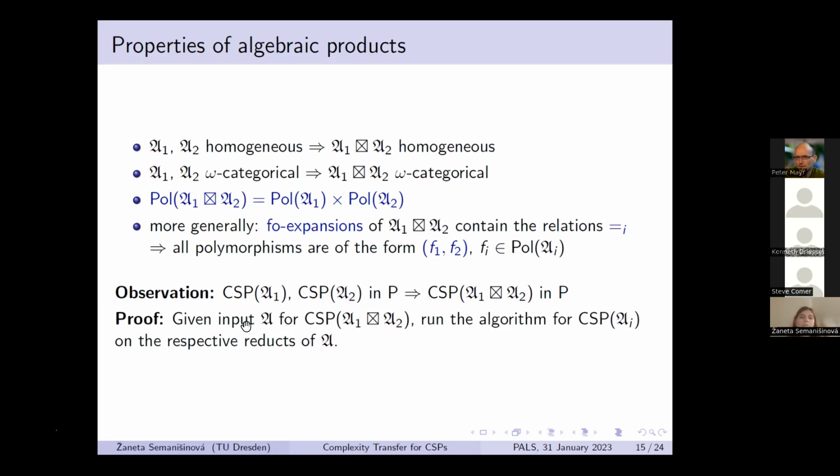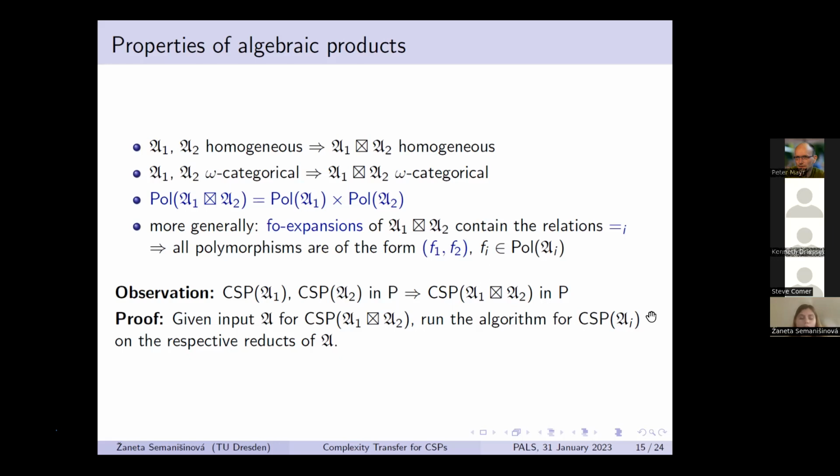And the algorithms are just the simplest that you would come up with. If somebody gives you an input, a finite structure, you just take the reduct for the first signature and for the second signature. Without loss of generality, we could think of the product as being over the union of the signatures. We run the algorithm for the CSP of the first structure, and then on the second.